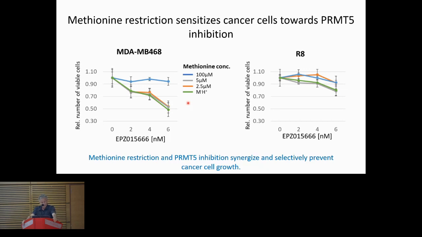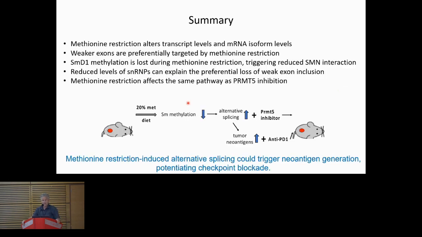We have methionine restriction, which alters transcript level and mRNA levels. That's nothing surprising there, because if you stare hard at your tissue culture cell line, you know it's going to change splicing, and so you will always see differences in splicing. But it's not always the weaker exons that are preferentially targeted. We know that this methionine restriction has an effect on the methylation pattern of SMD1.